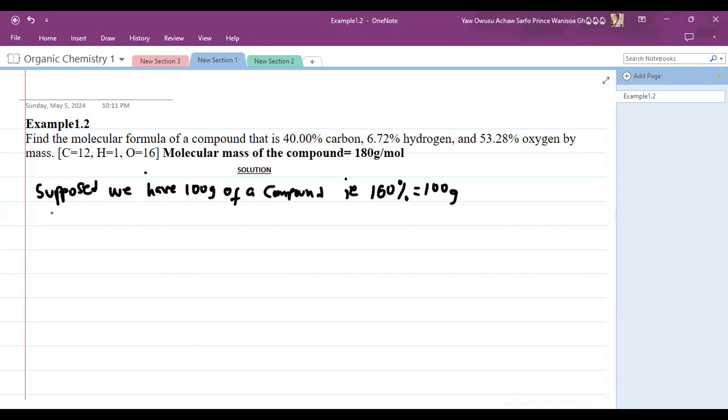So based on the question, our mass of carbon is 40.00%, which is equal to 40.00 grams.